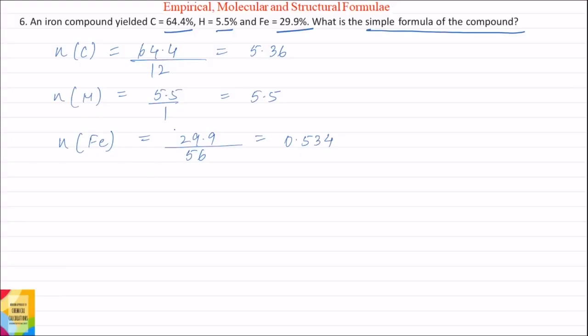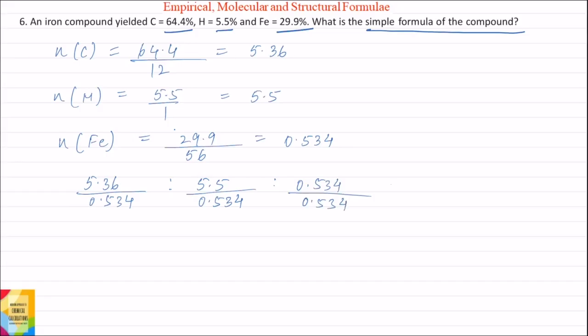Now in this, the number of moles of iron is the least. So dividing all this by 0.534, we will get a simple ratio, that is 5.36 divided by 0.534 is to 5.5 divided by 0.534 is to 0.534 divided by 0.534.